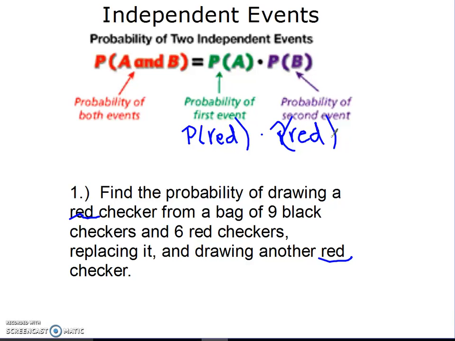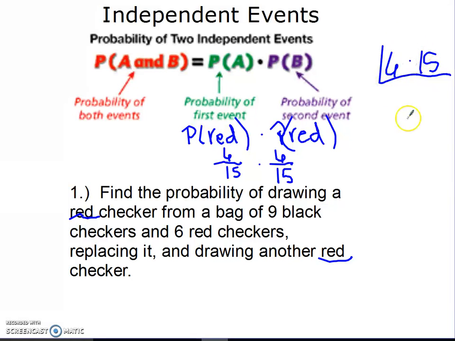The second event is drawing another red. There are 6 red out of a total of 15. We are replacing it, so the probability does not change. So we are going to do 6/15 again. We can simplify 6 and 15 by 3.